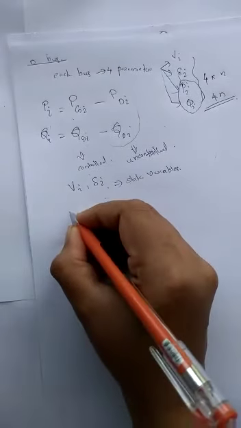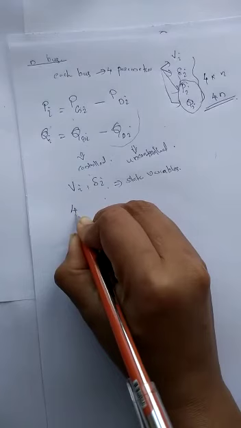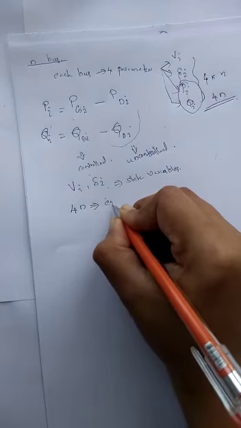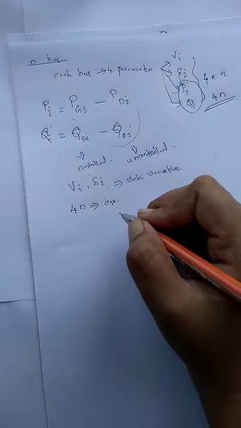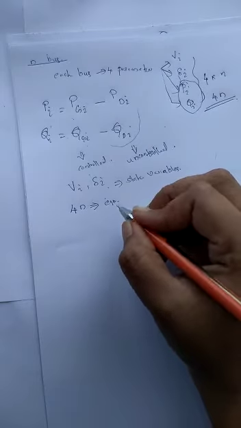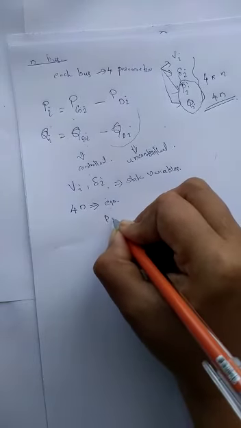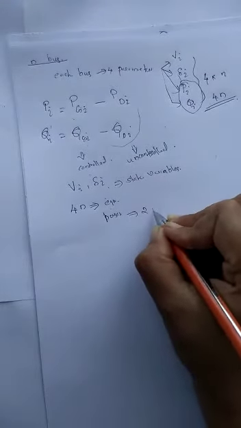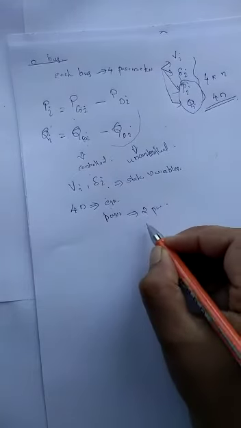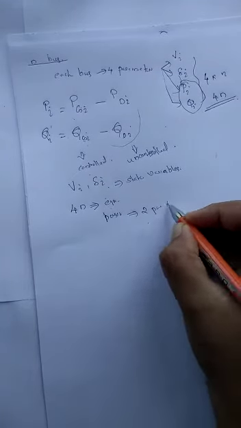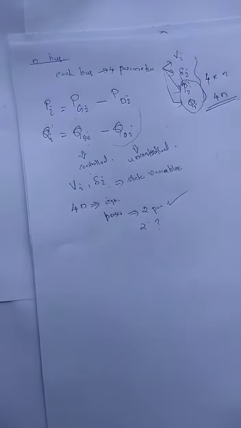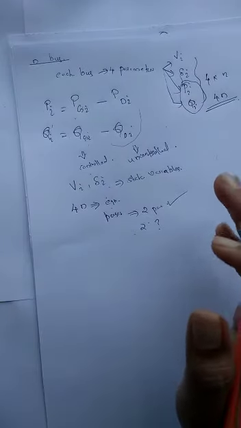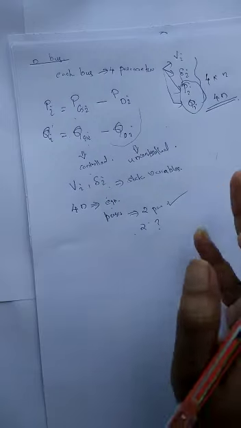For a bus we have 4 parameters, so for n buses we have 4n variables, but depending upon the type of bus, 2 parameters are given and the other 2 we have to find out. So we need only 2n equations: 2n variables are given and 2n we have to find out.